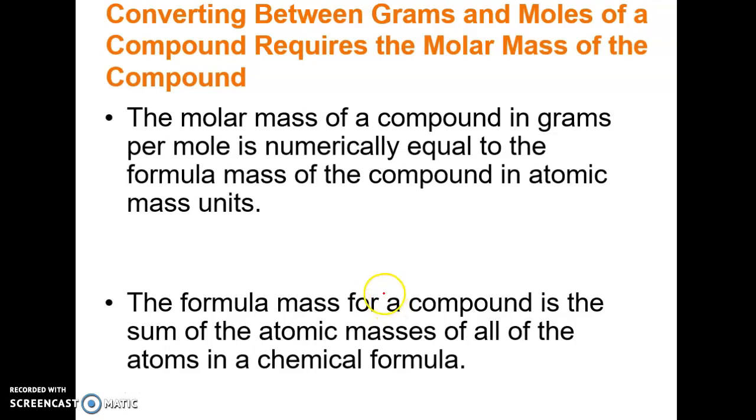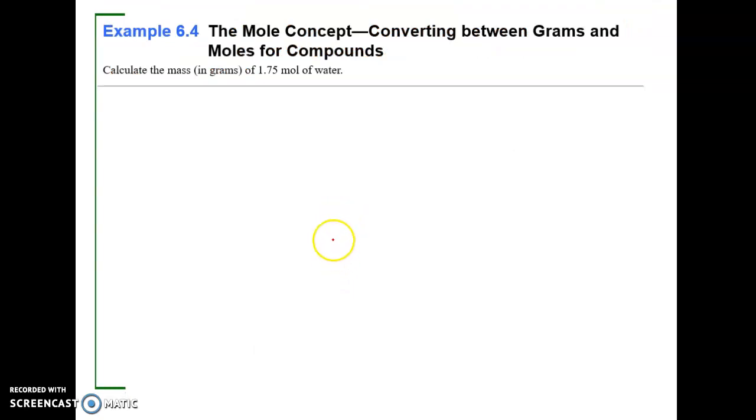Let's try one for an entire compound rather than just an element. Calculate the mass in grams of 1.75 moles of water. Notice this time we're talking about a compound, H2O. We're not just talking about oxygen. You are given moles of water and asked to find mass.